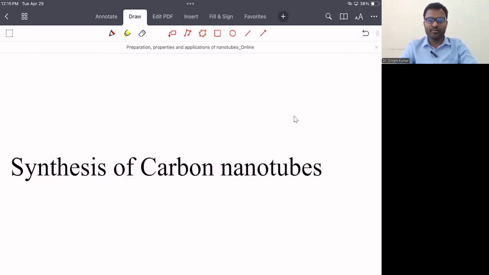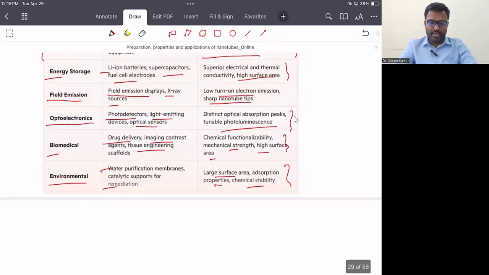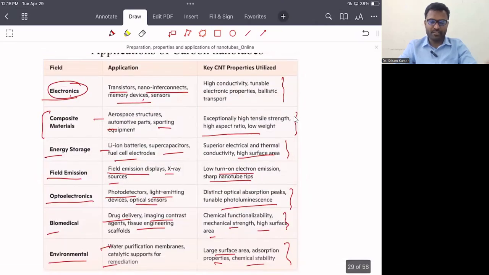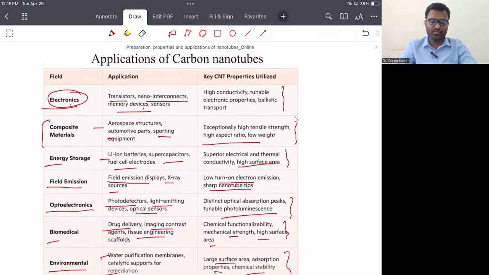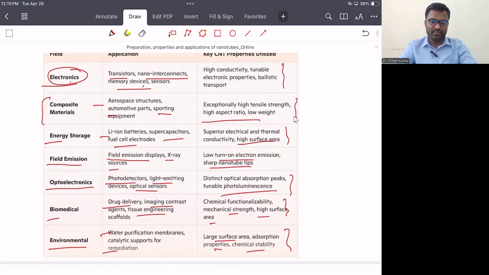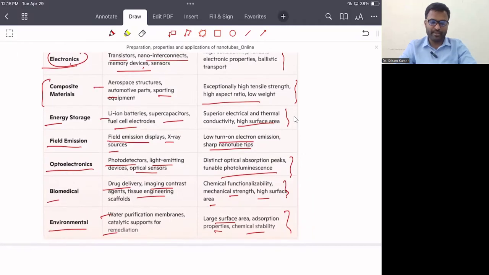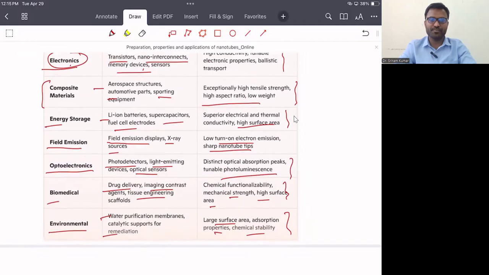I'm Dr. Sriram Kumar. In the last class, we discussed the properties of carbon nanotubes, and we understood the applications of carbon nanotubes in electronics, composite materials, energy storage, field emission, optoelectronics, biomedical and environmental applications.